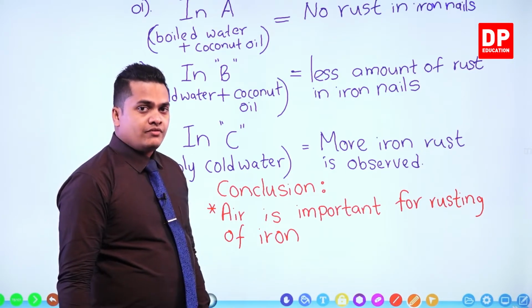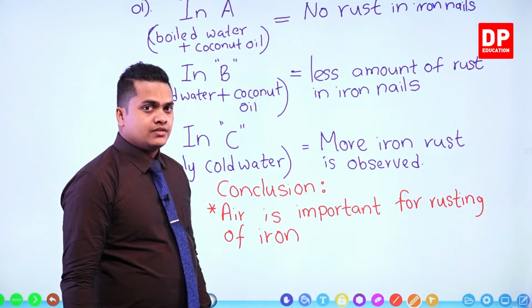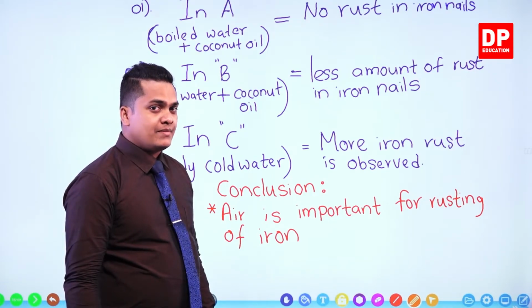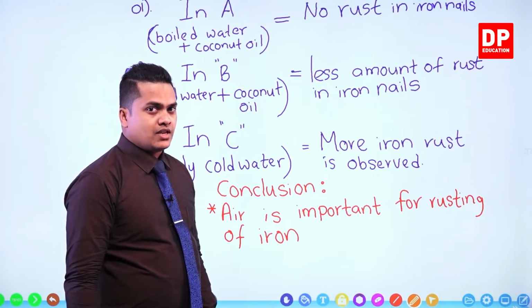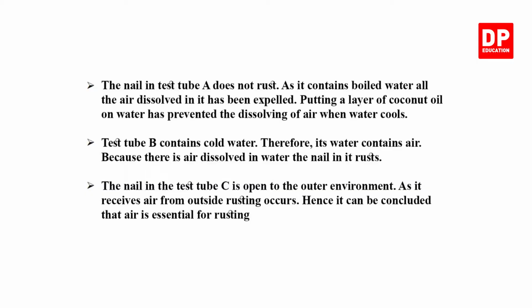So my dear children, we studied the first factor necessary for the rusting process, that is air, right? So let's move on to examine the next experiment. Right, so before that, once again, the explanation is given here. We'll see the explanation and head on to the next experiment.